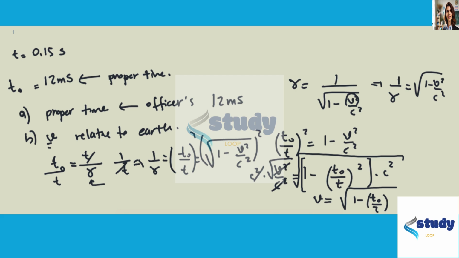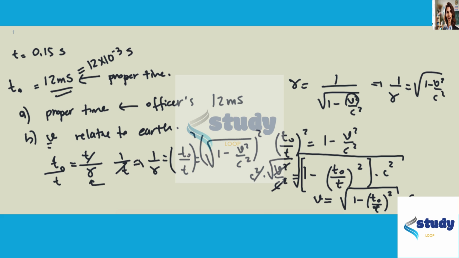squared, and then times c. For t naught, if you put 12 milliseconds, don't forget to convert that to seconds.